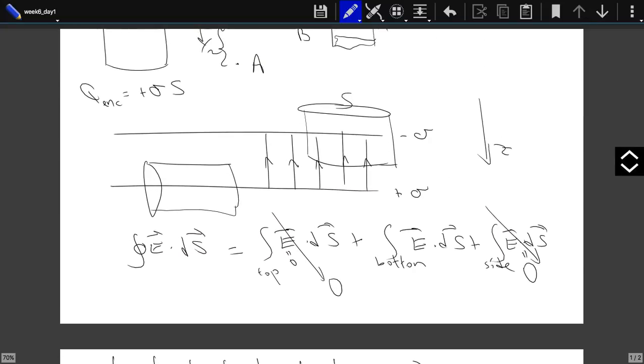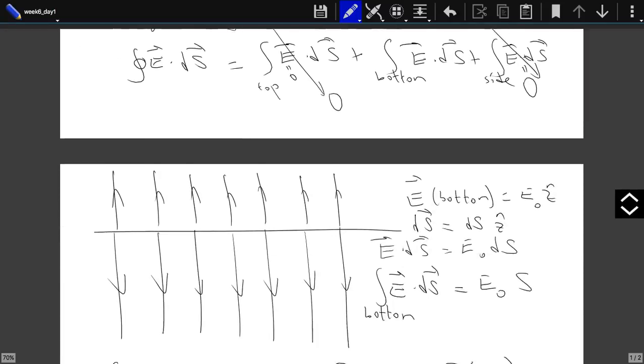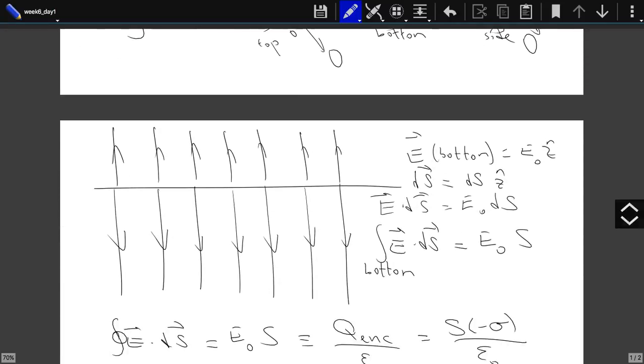Well, you see, that problem is a single plane. That is why it is important to first analyze the problem and know what some properties of your electric field are. For example, if I wanted to calculate the electric field of a single charged plane, I would take the cylinder like this, and I would get a non-zero contribution from the top and also a non-zero contribution from the bottom. They will be equal, and so I would have E0s from the top, E0s from the bottom.